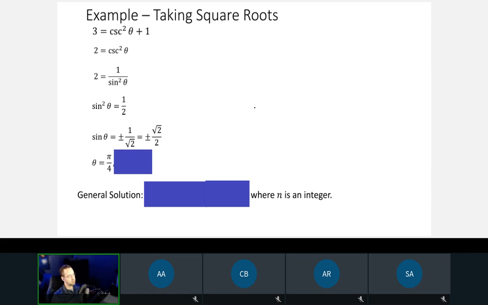So when sine is positive, rad 2 over 2, we should have pi over 4 and 3 pi over 4. And then when it's negative rad 2 over 2, you have your 5 pi over 4 and 7 pi over 4, right, Dianica? Yes. Everyone agree with those?